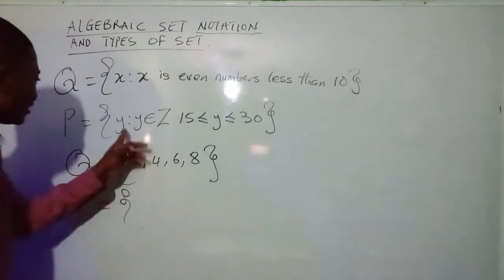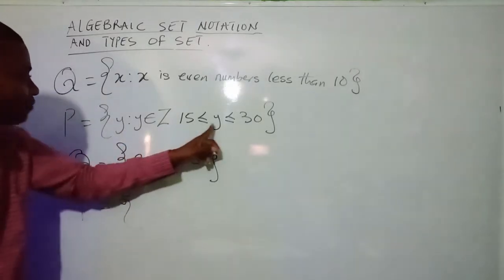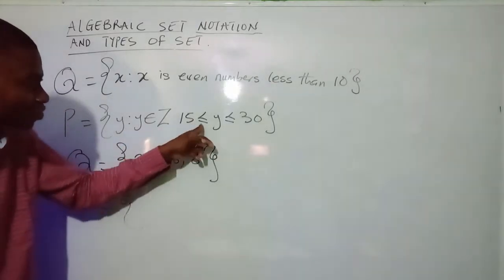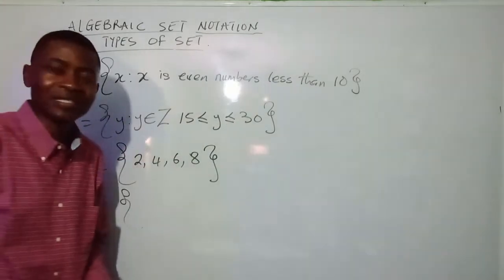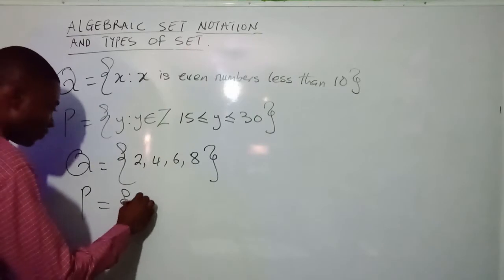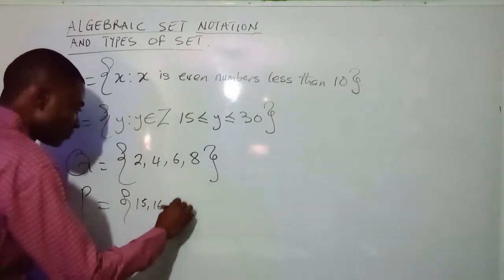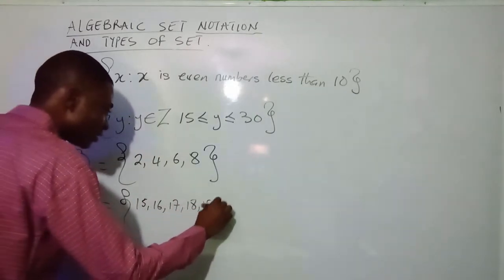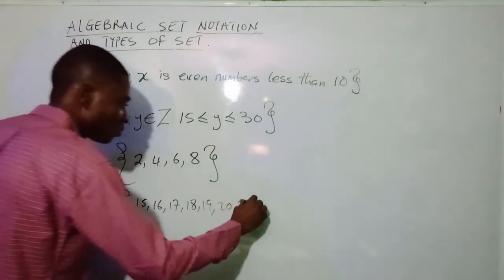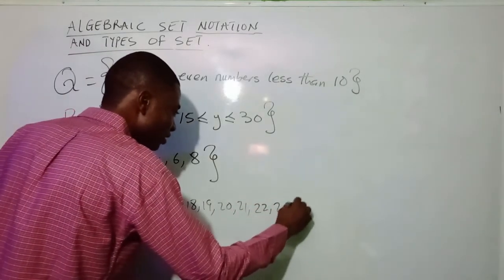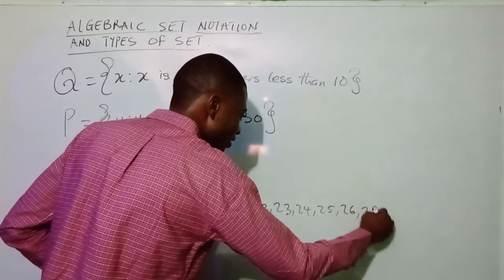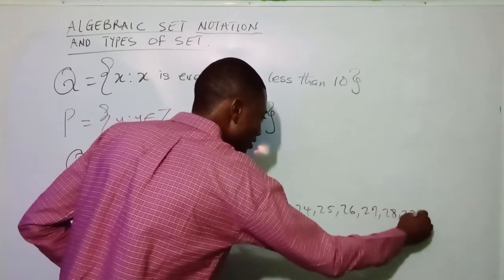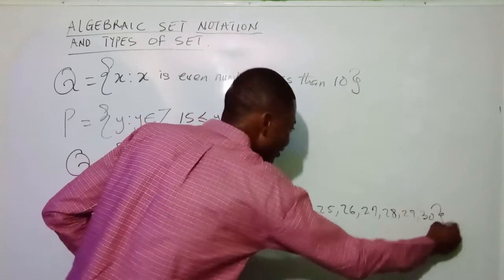Now what about P? It's a set of y such that the values of y lie between 15 inclusive and 30 inclusive, and it's a set of integers. So that is 15, 16, 17, 18, 19, 20, 21, 22, 23, 24, 25, 26, 27, 28, 29, and then 30.